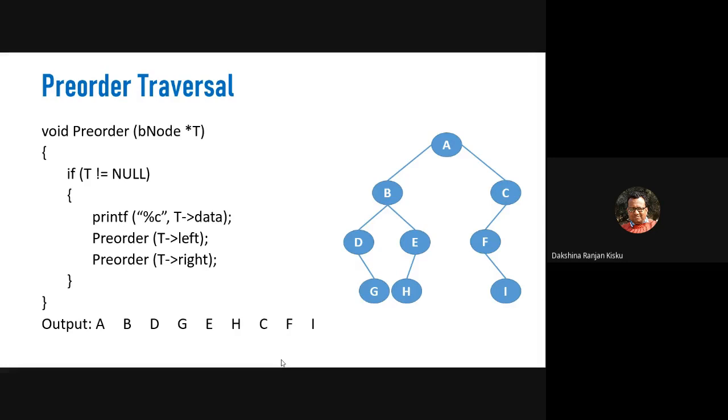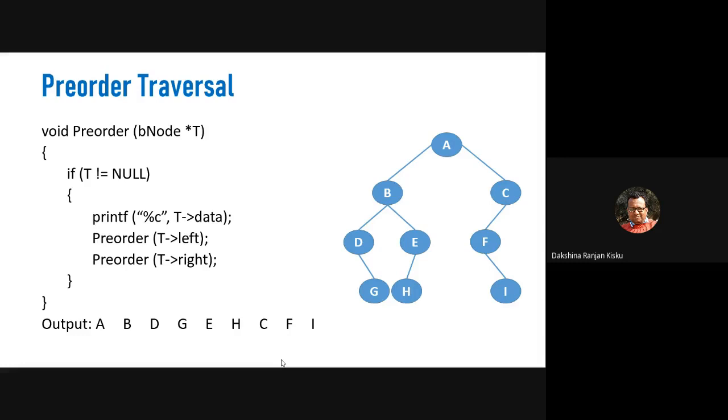Since the left subtree is found to be empty, G will be visited next after visiting the node D. Once the left subtree of B is completed, finally we will be visiting the right subtree of root node B next.